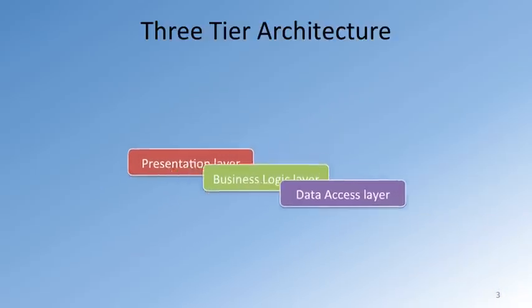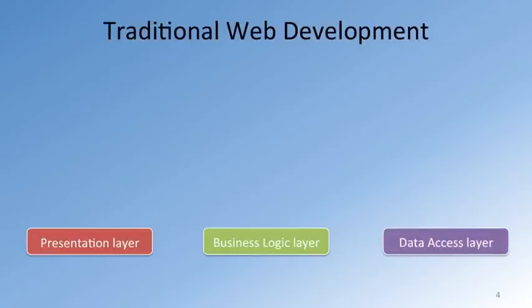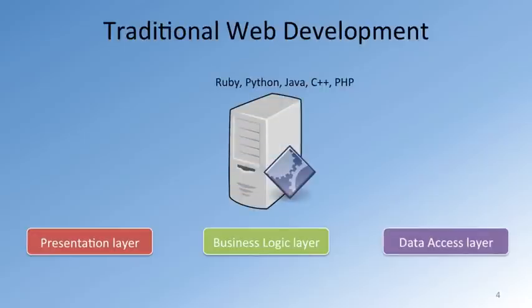Exploring this further, let's look at what is implemented in each of these three layers in more detail. Now, the business logic layer is typically implemented traditionally in a server where we use languages like Ruby, Python, C++, Java, or ASP.NET to implement the server.